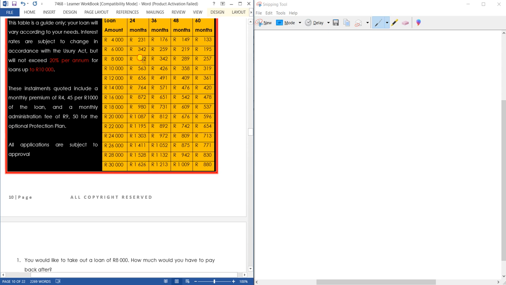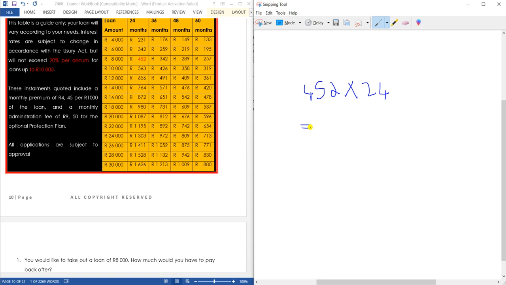The amount is 452. So you take 452 times 24 months, and it will give you the amount for number one, for A. So it's 452 times 24.